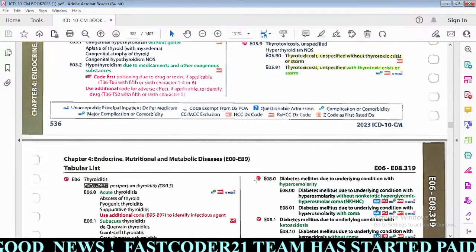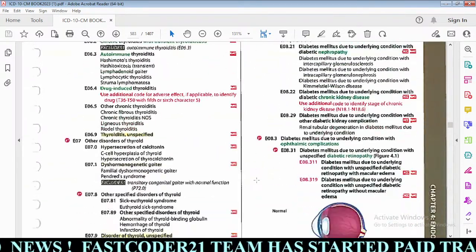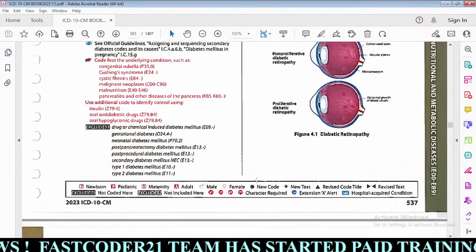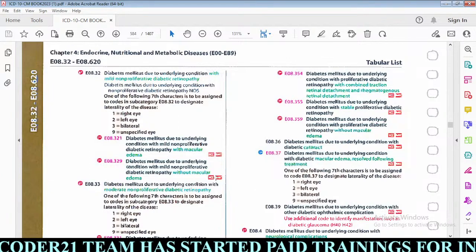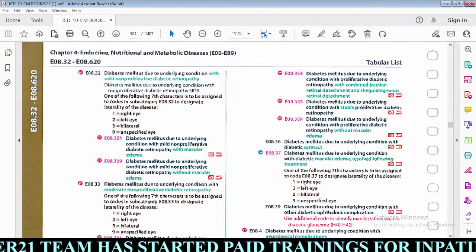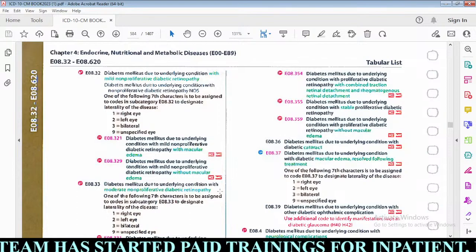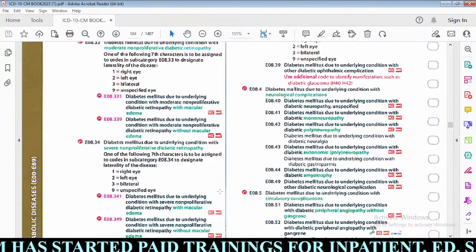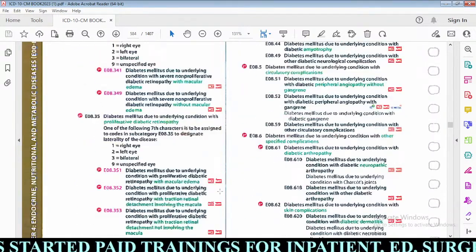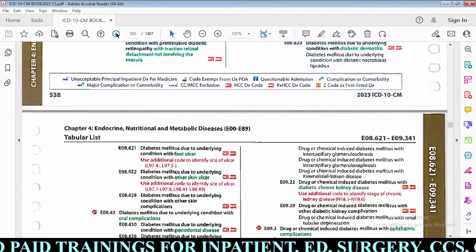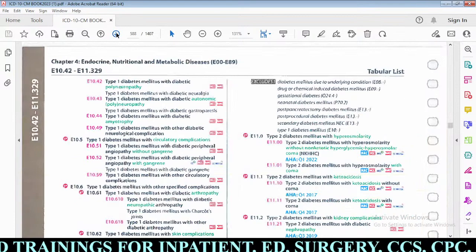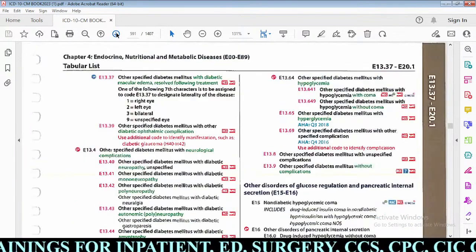As it is a PDF version, we can't see properly. So like this, you need to use. If you are familiar with your CPT and ICD-10-CM book, you can write very easily.